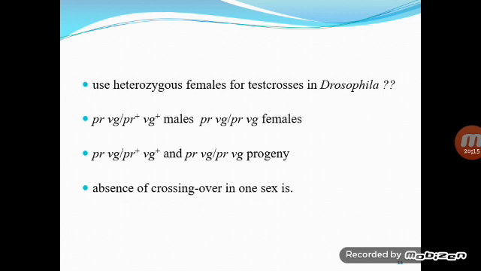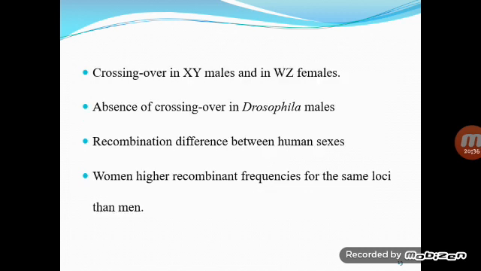However, this absence of crossing over in one sex is limited to certain species. It is not the case for males of all species. In other organisms, there is crossing over in XY males and in WZ females.